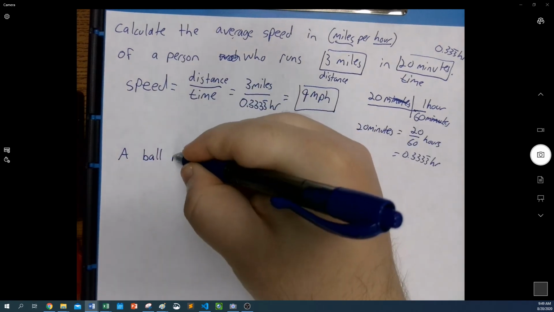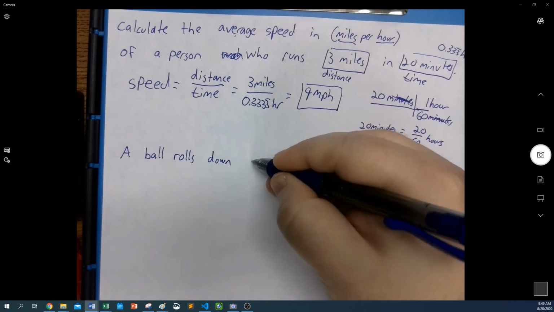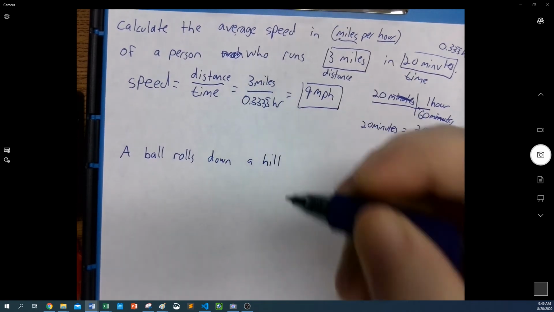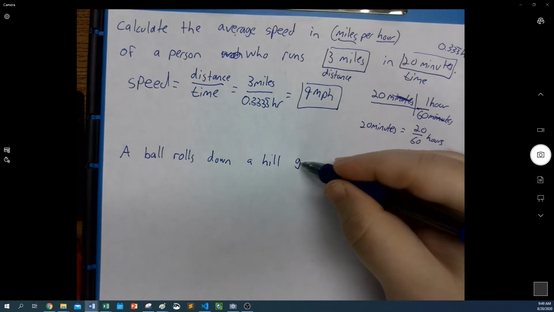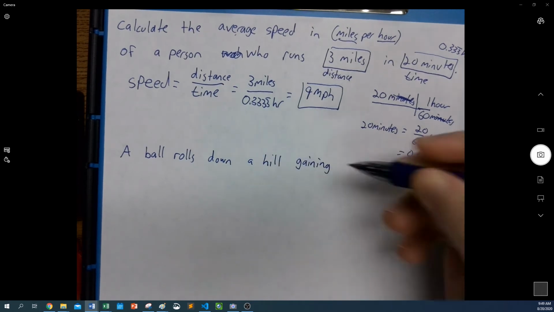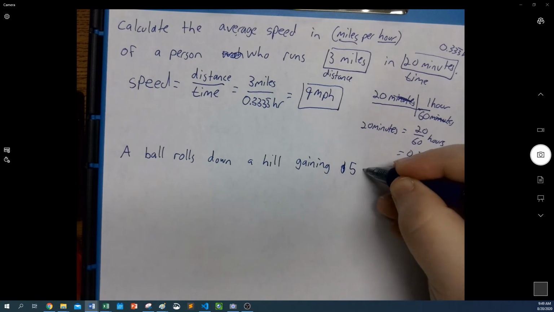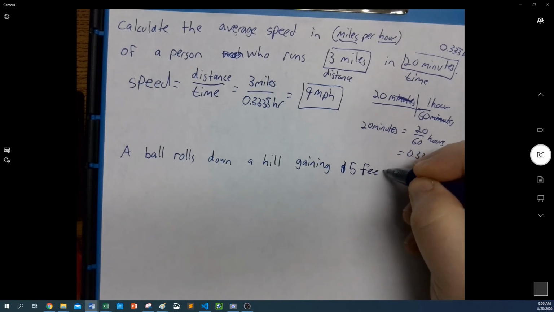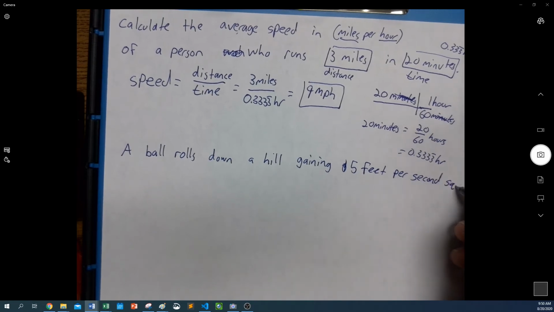A ball rolls down a hill gaining 5 feet per second squared.